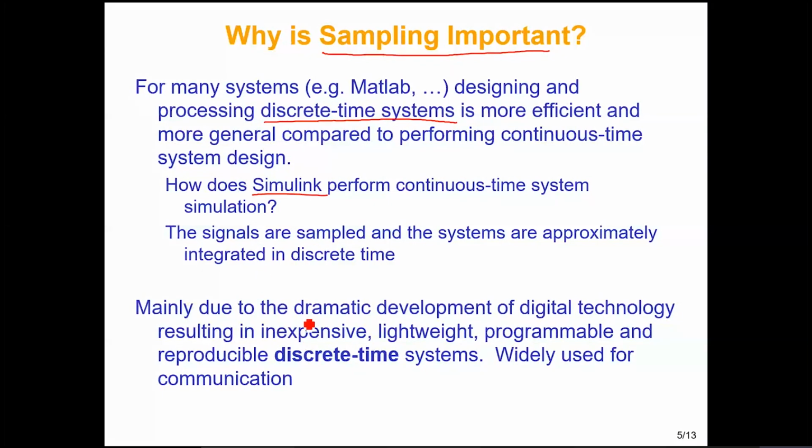In the last few decades, dramatic development in digital technology has resulted in very cheap, lightweight, programmable, reproducible discrete time systems which can be built. And these discrete time systems, like MP3 players and audio video players, are all basically discrete time systems which work with discrete signals and give output which is again discrete time output.